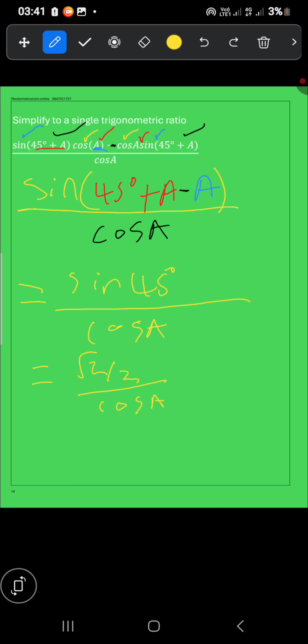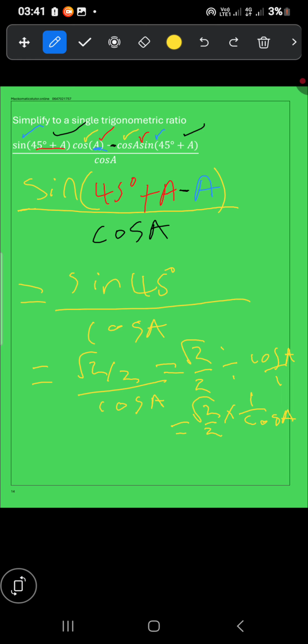Right, this is the same as saying root 2 over 2 divided by cos a. It's the same as root 2 over 2 multiplied by, then flip. I know that in the denominator there's 1. Then you flip it, it becomes 1 over cos.